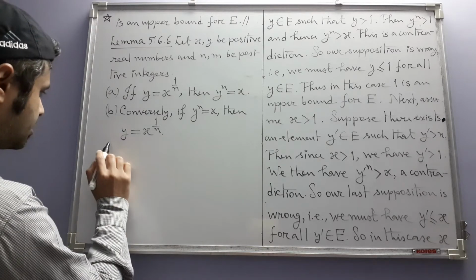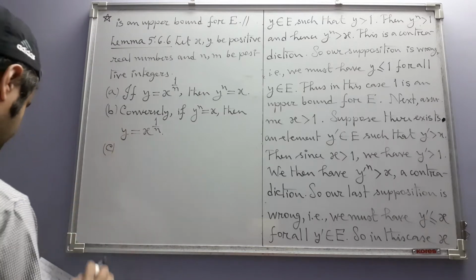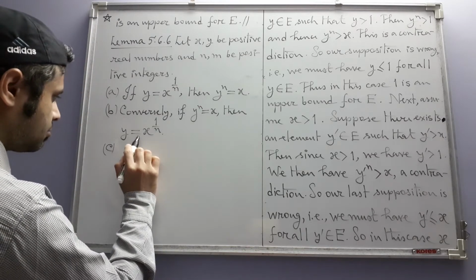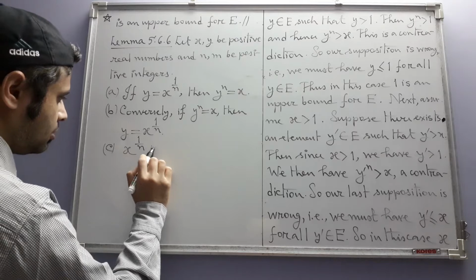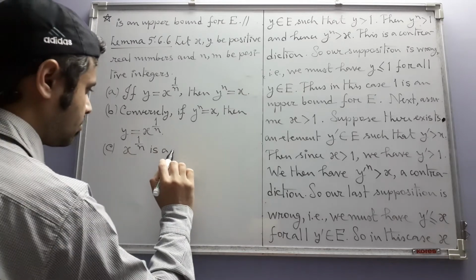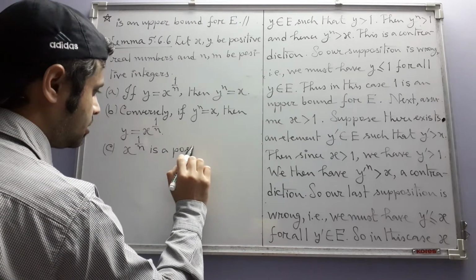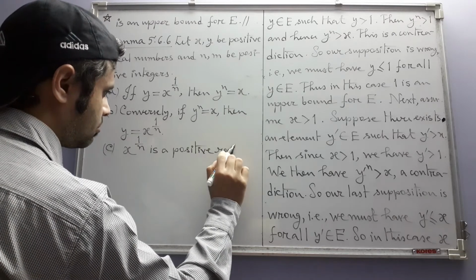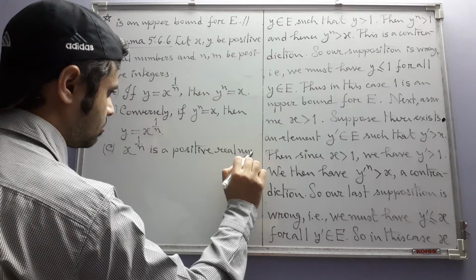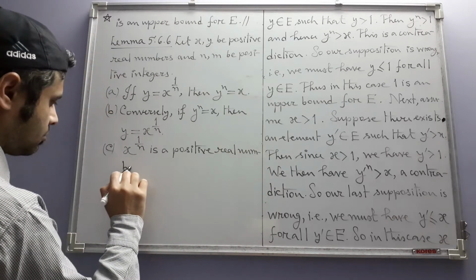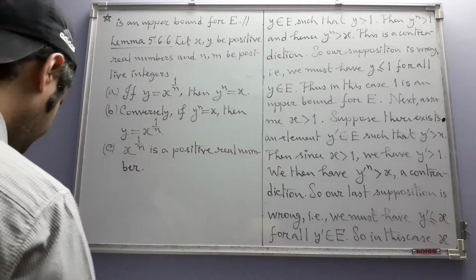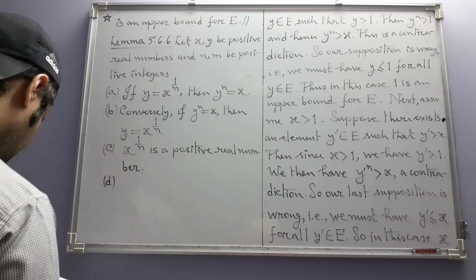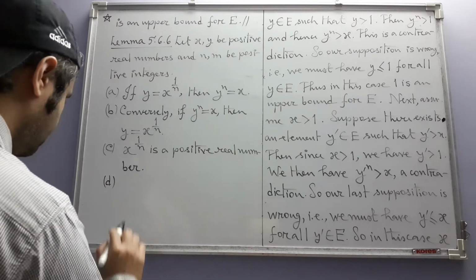Then in part C, this is also important. X to the power 1 by n is a positive real number. Then in part D, we deal with some inequalities.